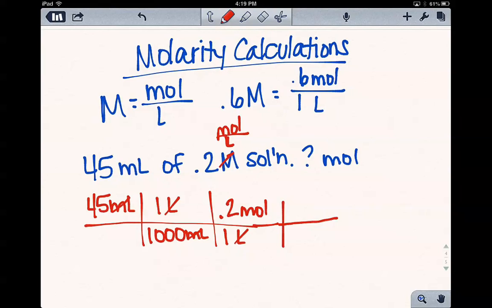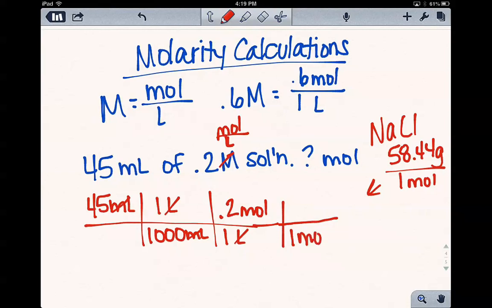So to do that, we would actually have to know what substance we have. So let's say we have, let's stick with sodium chloride that we used in our ionization video. And so the molar mass of sodium chloride is 58.44 grams per mole, and that just comes straight off the periodic table. And so I'm going to take that and I'm going to plug it in here.